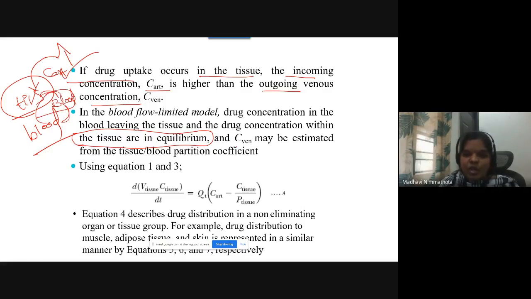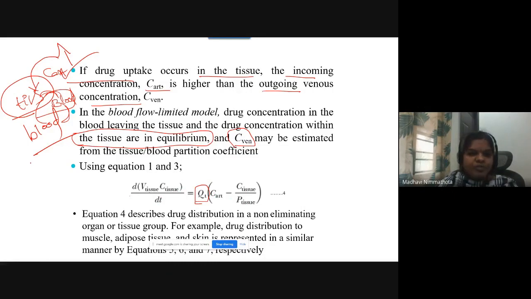Then your C vein may be estimated from this equation: V of tissue times the concentration of drug in tissue, divided by dt, equals the rate of blood flow times C artery minus C tissue by P tissue.